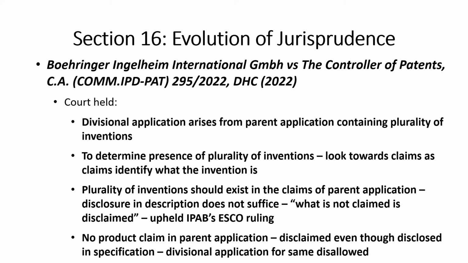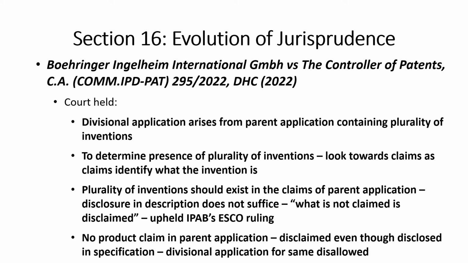The court said that you must look towards the claims as the claims identify what the invention is, and this is provided under section 10 subsection 4, which says that the claims define the scope of protection that you are seeking. Also, the court upheld IPAB's ESCO ruling and said that the plurality of invention should exist in the claims of the parent application, and it is not sufficient if there is only a disclosure of that plurality of inventions in the description.